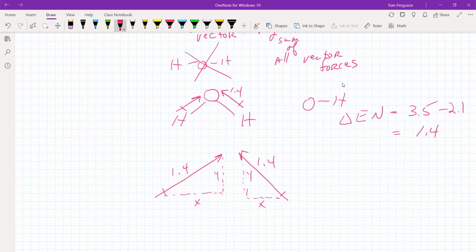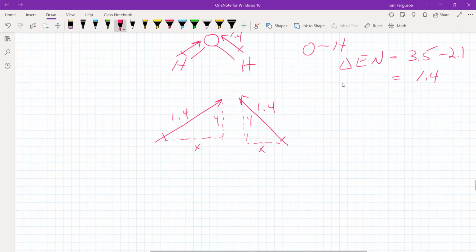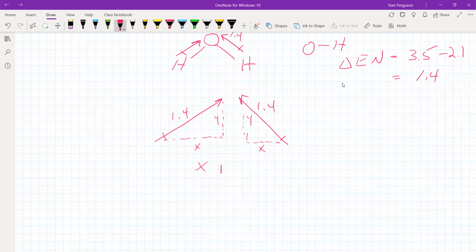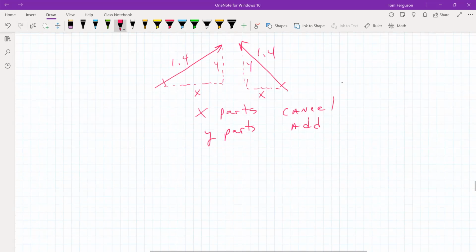This part goes this direction. The Y parts both go up. So the X parts cancel because the magnitude and the direction are equal but opposite. The Y parts add because they are going in the same direction. So we have a quantity plus a quantity together equals the net vector.